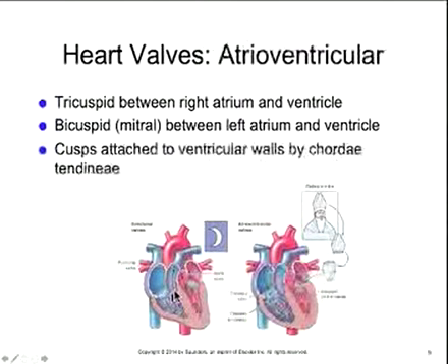The semilunar valves also promote one-way flow, but instead of using chordae tendineae attached to the floors of the ventricles like the AV valves do, they use the fact that they're sort of cup-shaped, and that when they flip back towards the ventricles, they sort of jam into each other, and then they can't continue to move backwards.